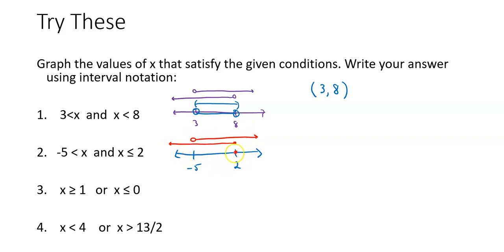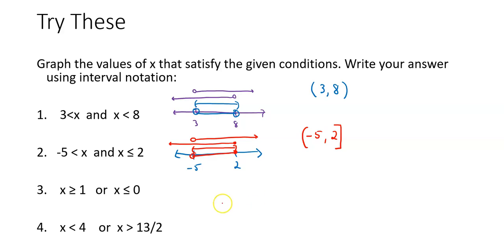So I would put an open circle here, closed circle there. The textbook would put an open parentheses here, would graph the line, and then put a closed bracket over there. If I'm going to write this in interval notation, I'm not going to include the negative 5 because it's strictly greater than. But when I get to the 2, I will put a closed bracket around that 2 to indicate that I'm including the 2.